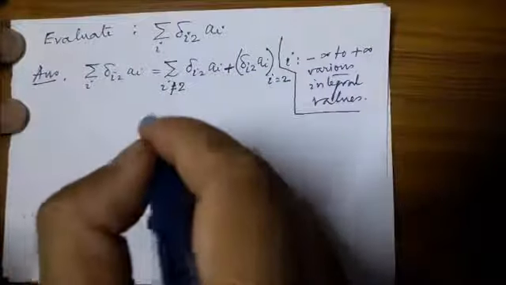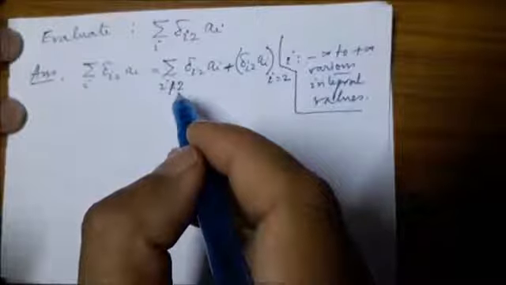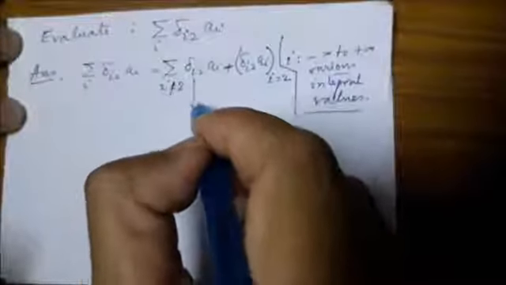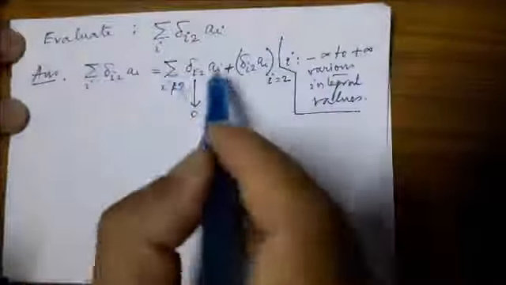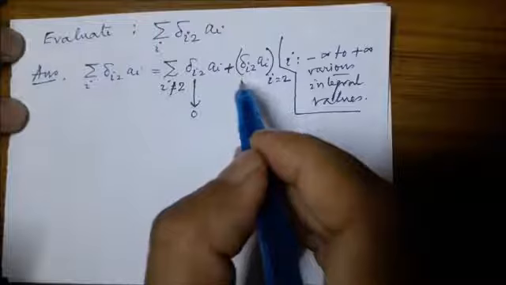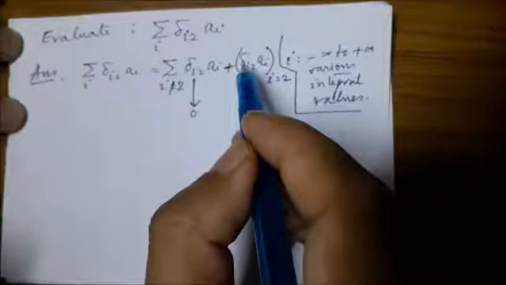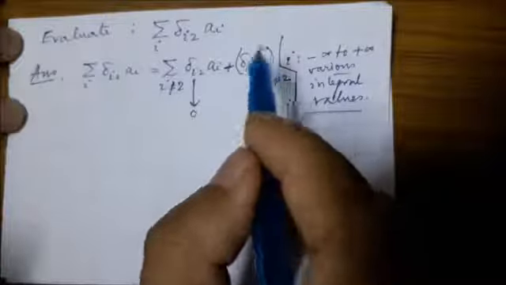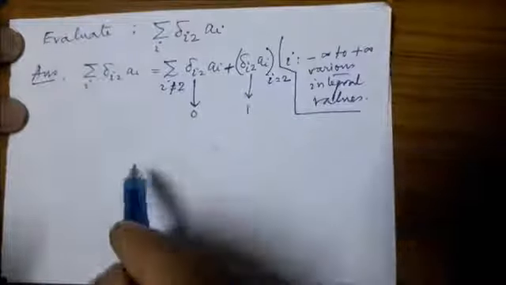Now Kronecker delta I2 for I not equal to 2 is 0. So the first term is not there. Now here again the property of Kronecker delta is that Kronecker delta I2 is 1 if I equals 2. So this is equal to 1.